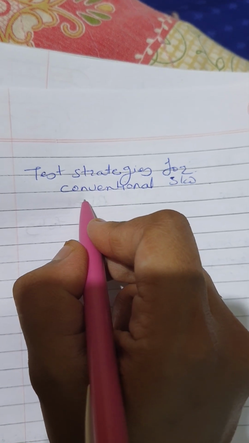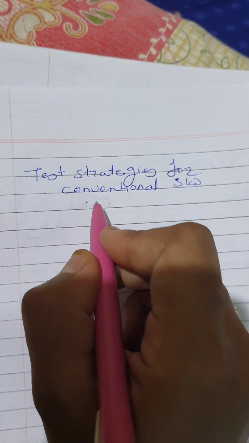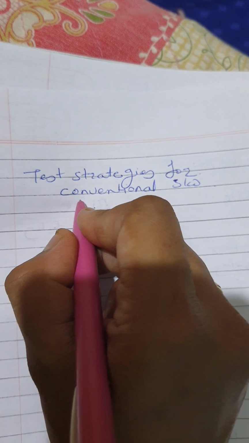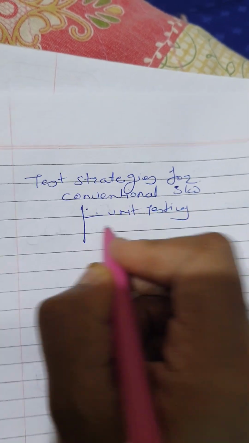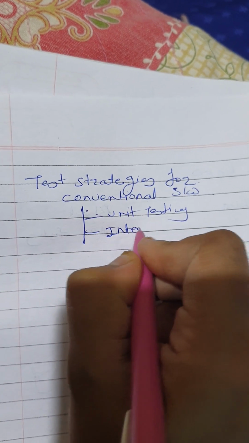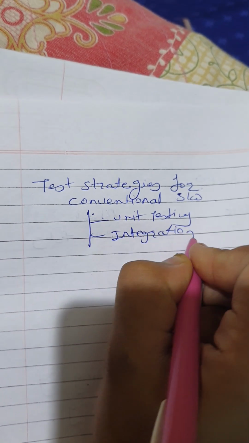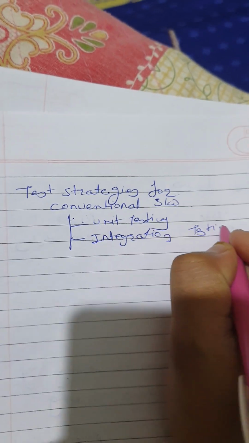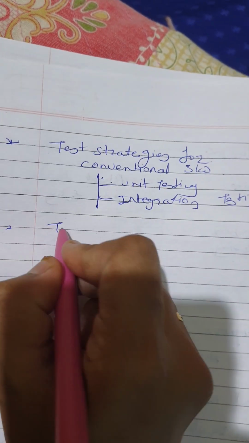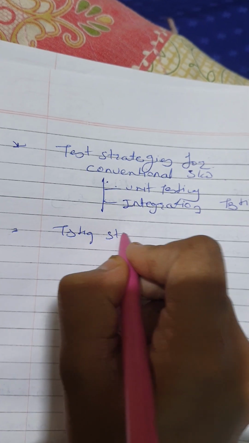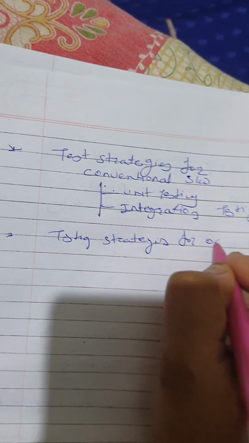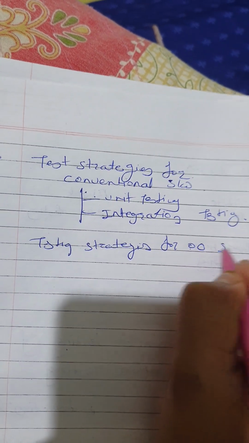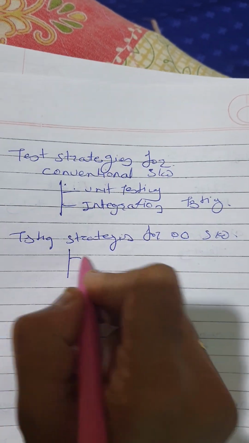Test strategy for conventional software means unit testing and integration testing. That is, the testing strategy of conventional software and the testing strategy for OO software, where OO means object oriented software.